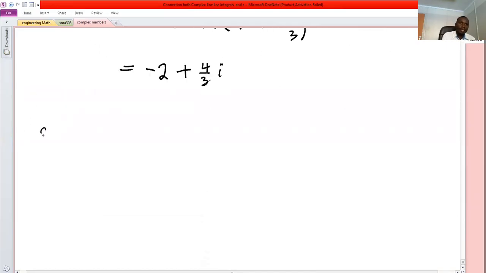And the last part, C, they want us to move along the broken line Z0, Z1, Z2 and Z3. So Z1, Z2 and Z3.